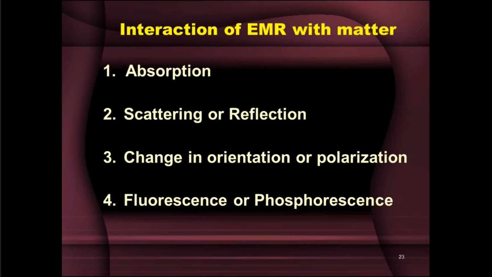We will study this in the chapter of polarimetry. Sometimes after absorption has occurred, you may see emission of light in the form of fluorescence or phosphorescence. We will deal with this in detail in the chapter of fluorimetry. Presently we'll be studying absorption.